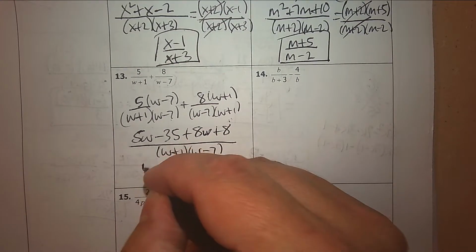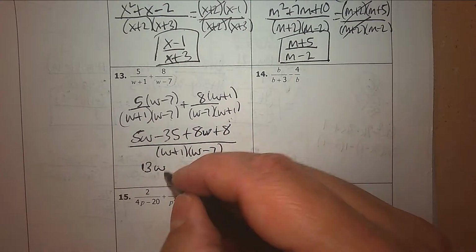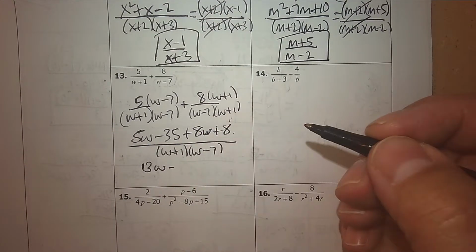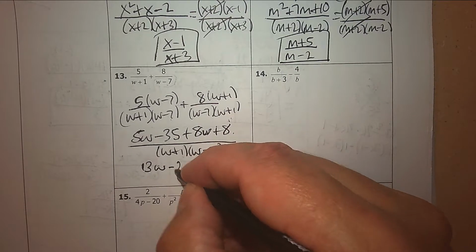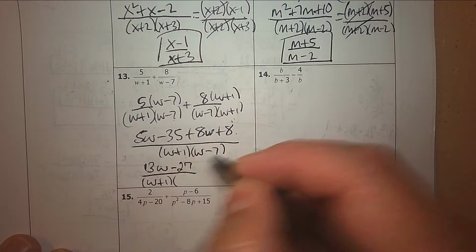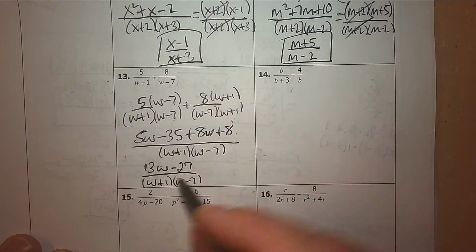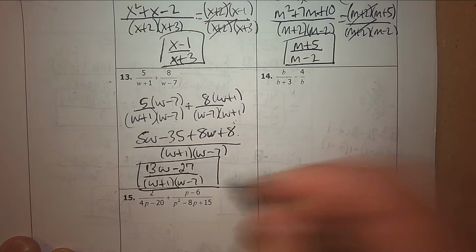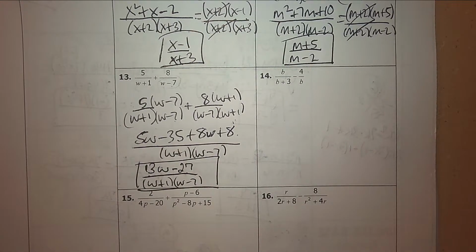And I get 13W, subtract, make sure I do this right, 27. And so what I look for is there a number that goes into 13 and 27 to simplify it? So it's in lowest terms, and you have your answer.